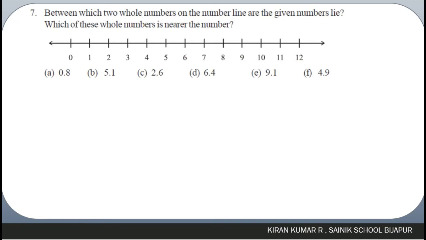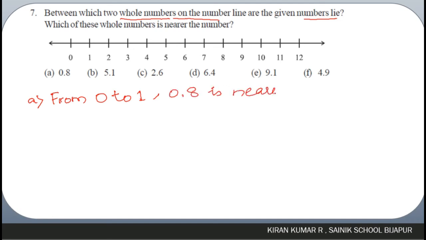Question number 7. Between which two whole numbers on the number line do the given numbers lie? Which of these whole numbers is nearer to the number? 0.8 is between 0 and 1, and 0.8 is nearest to the whole number 1.